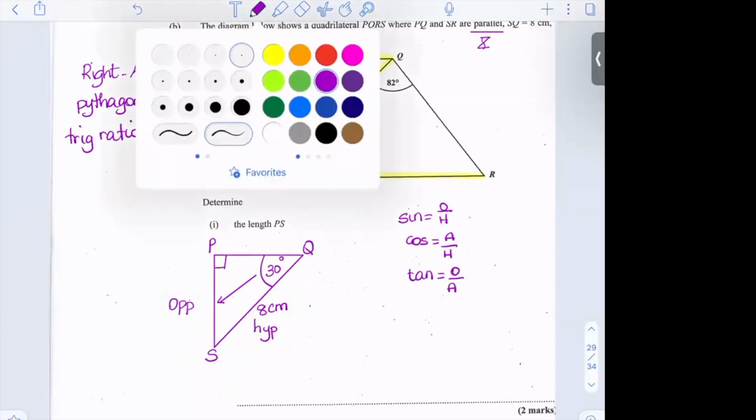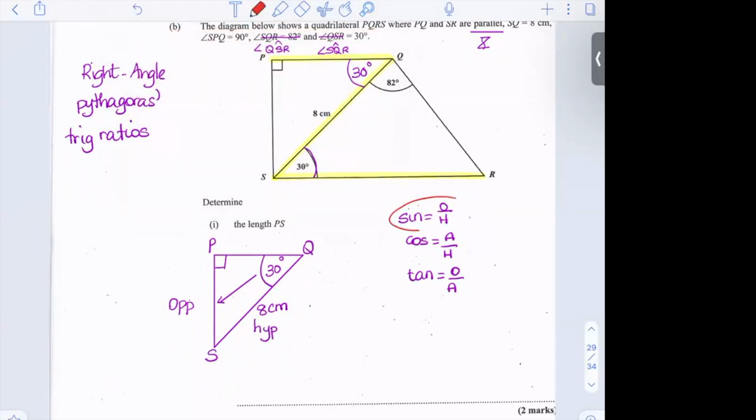Because you have hypotenuse and you have opposite. So I'm going to use the sine ratio. So sine of 30 is equal to PS over 8. Let us cross multiply. PS is 8 multiplied by sine 30.